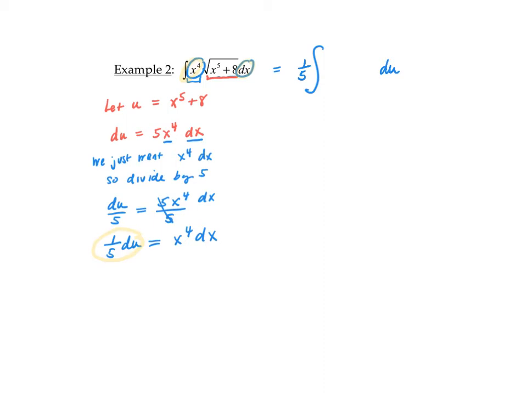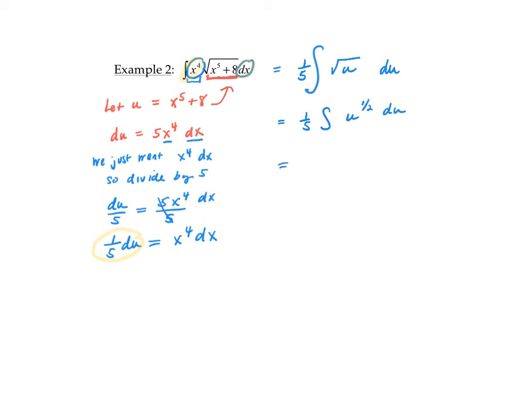Next, we're going to replace the u. We're going to plug in u in place of x to the 5th plus 8. So we can rewrite this as the square root of u. Okay, now we're ready to integrate, but we do want to rewrite it as the 1/5 times the antiderivative of u to the 1/2 du.